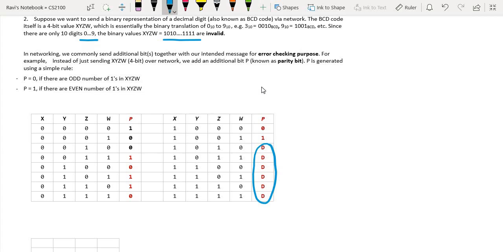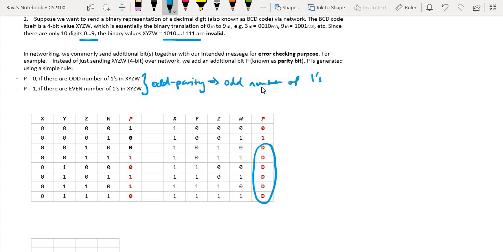If we look at this rule here, what we are told is if the current number of ones is already odd, then P is 0. If it is even, then we put a 1. So what we want is an odd parity scheme. That means eventually we want to have an odd number of ones in the whole packet.